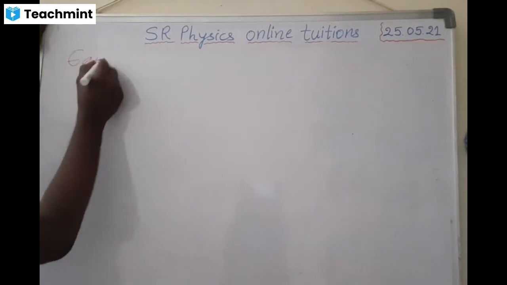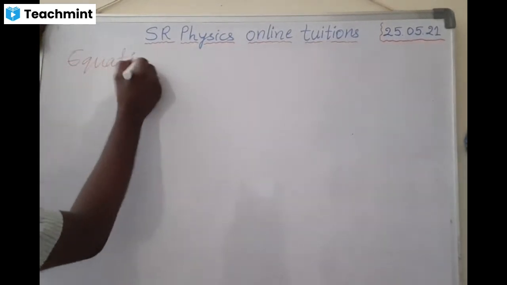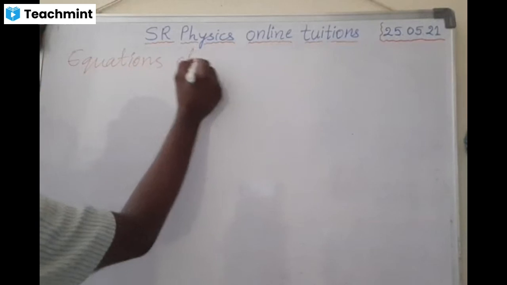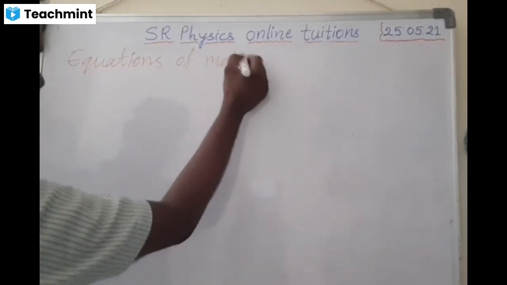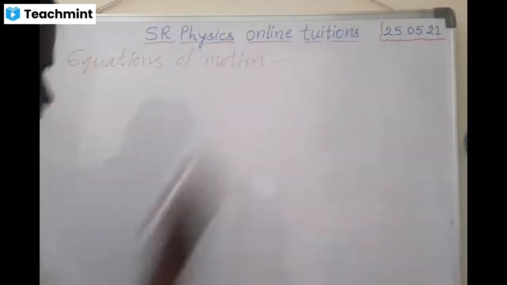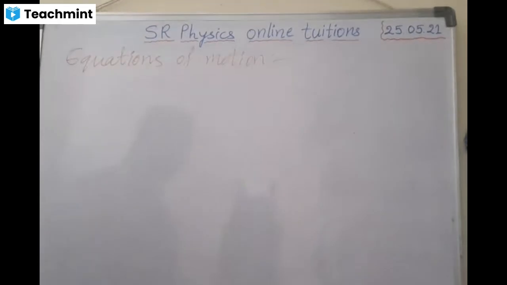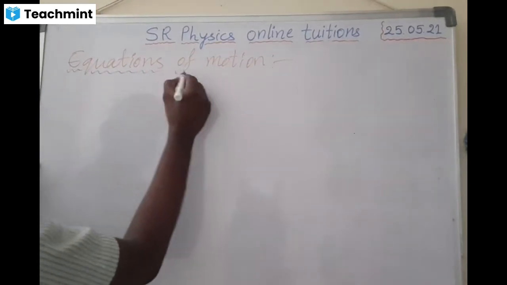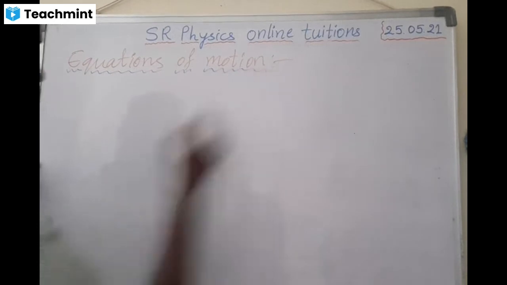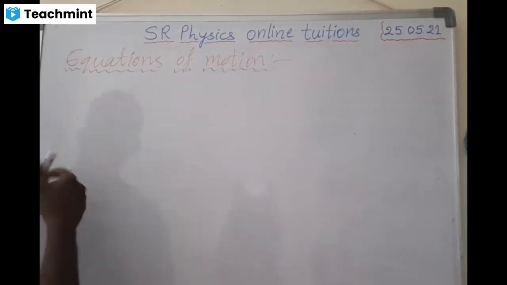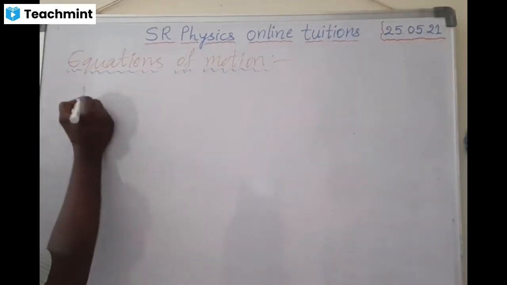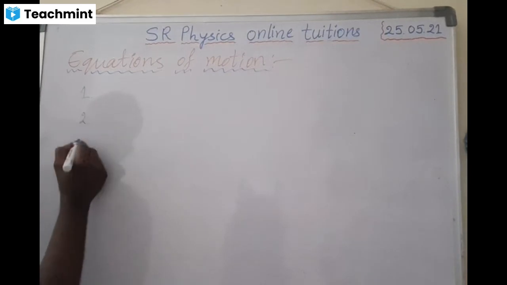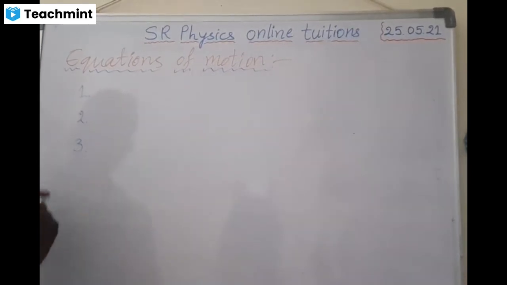Equations of motion. So these equations of motion are very useful for us. I am elaborating very clearly regarding the three equations of motion here. The first one, second one, and the third one.